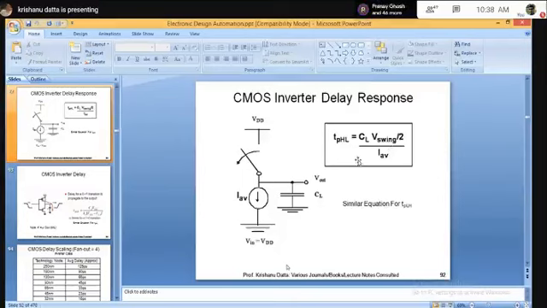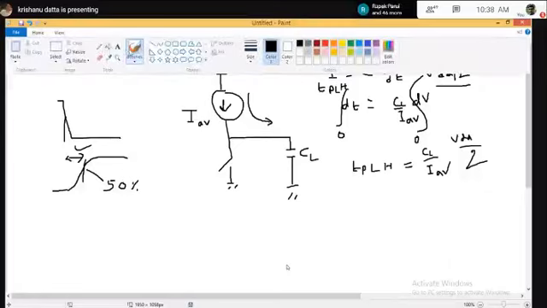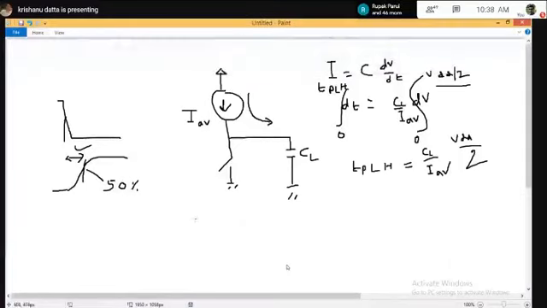Now another important thing: all of you know the basic equation of I average, and that equation is actually, let me rewrite, the saturation current equation, nothing else, which I discussed before.